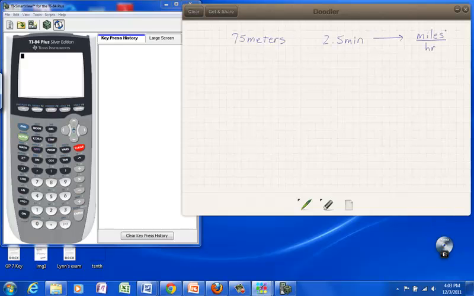So if our goal is to get miles over hours, and miles has to do with distance and hours has to do with time, then we want to start this problem with a fraction that has something to do with distance on the top, and our information that has to do with time on the bottom.